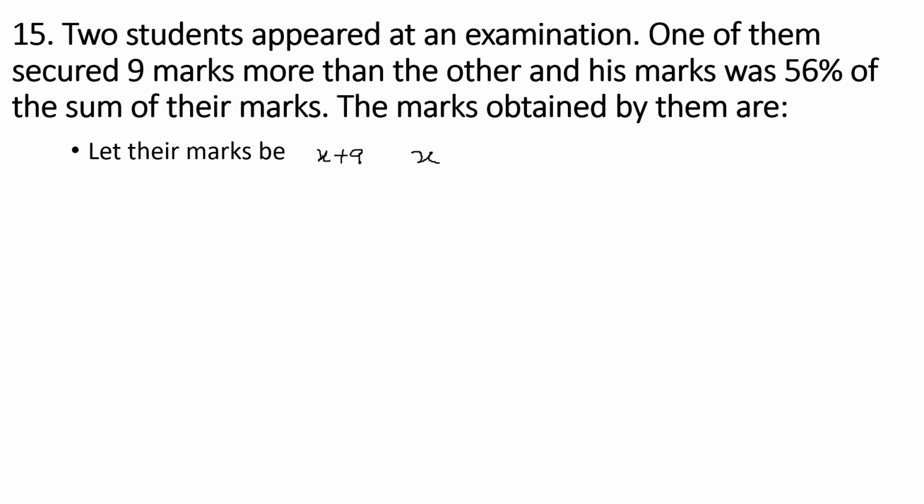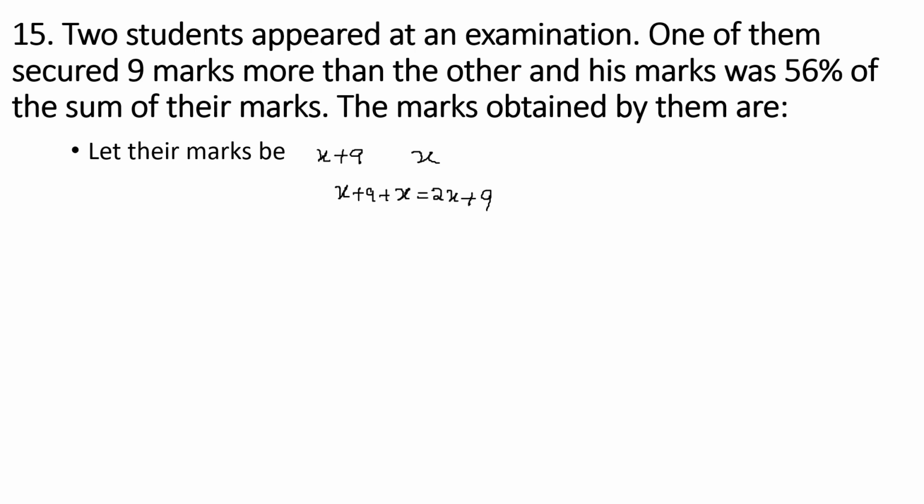The first student got 9 marks more than the second. So if the second student's marks are x, the first student's marks will be x plus 9. So the total score will be x plus 9 plus x, that is equal to 2x plus 9.